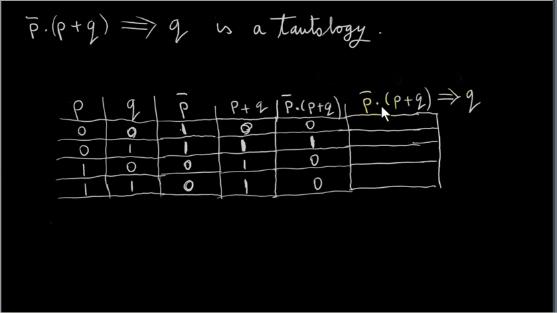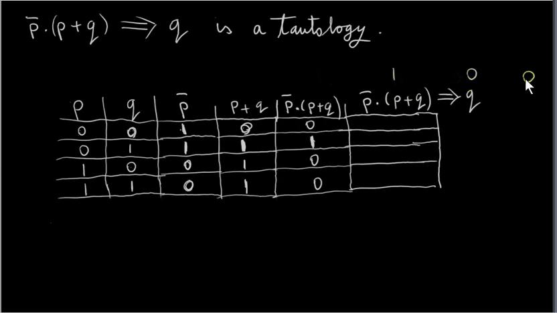Now at last we can get the column of values for our statement that we're trying to show is a tautology. So hopefully we'll get all ones here. P bar dot (p plus q) implies q is false only when the left hand side, that is all of this here, is true, and the right hand side, that is q, is false. So if this is 1 and if q is 0, then this statement yields 0.